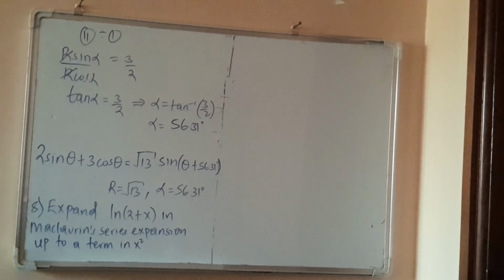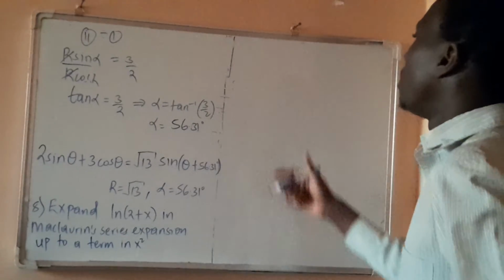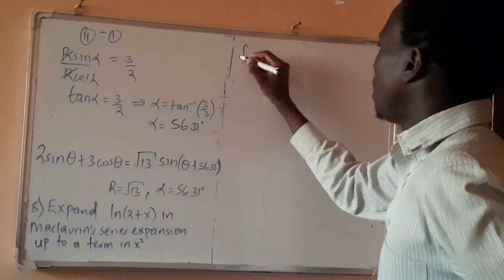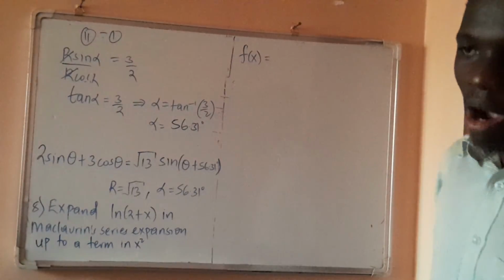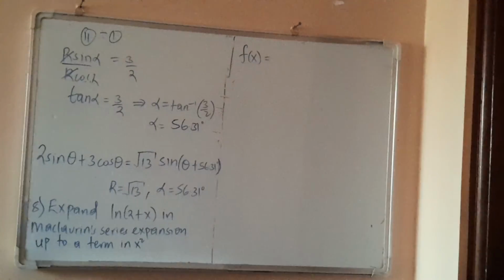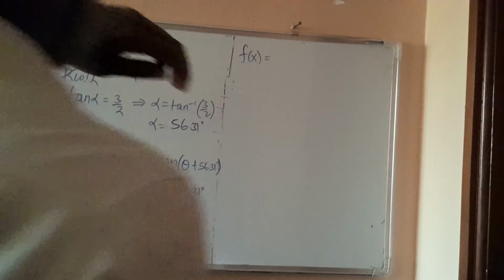Maclaurin series expansion is actually Taylor series expansion about x equals 0. So we are obtaining the Taylor series expansion about x equals 0.